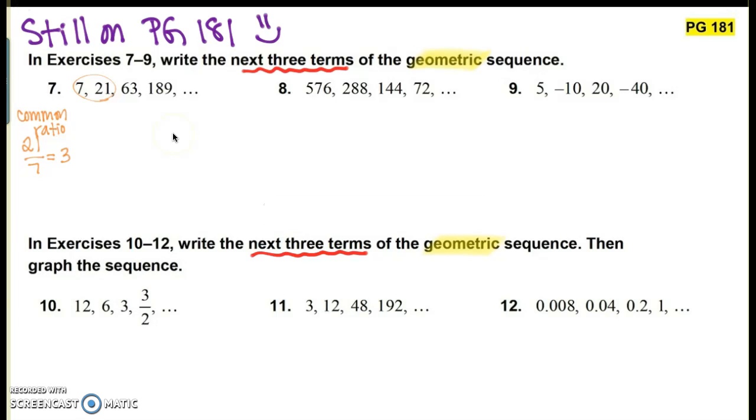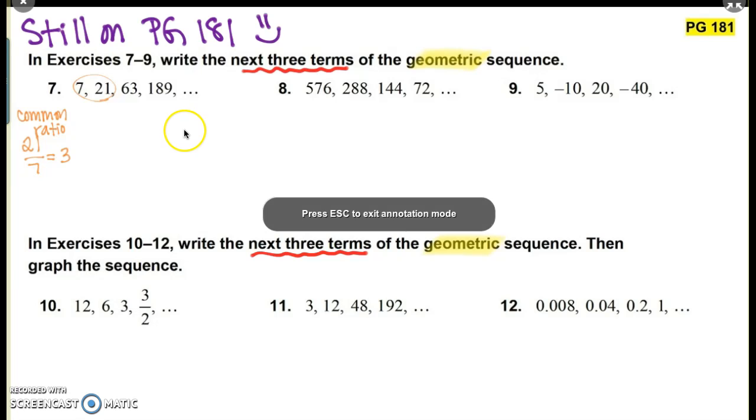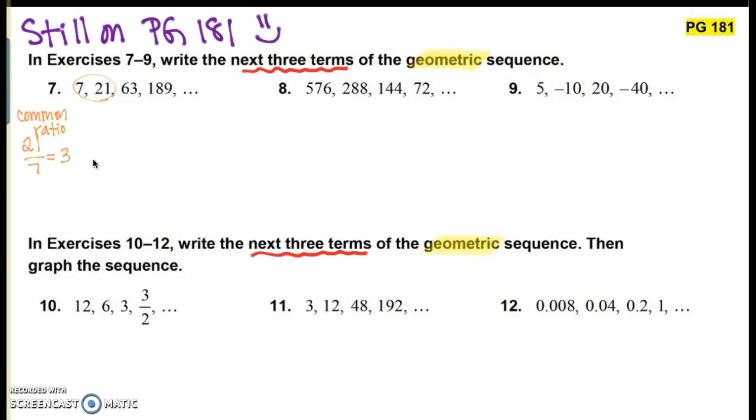But for 7 through 12, we don't have to determine if it's geometric, because once again, you're being told these are all geometric. You just have to find this number. So now that I know I'm going to multiply 7 times 3 to get 21, which means if I take that times 3 again, 21 times 3, I'll get 63.